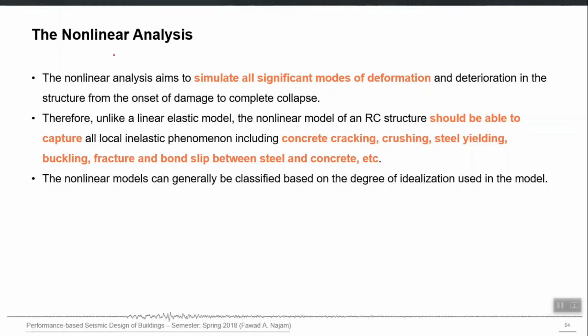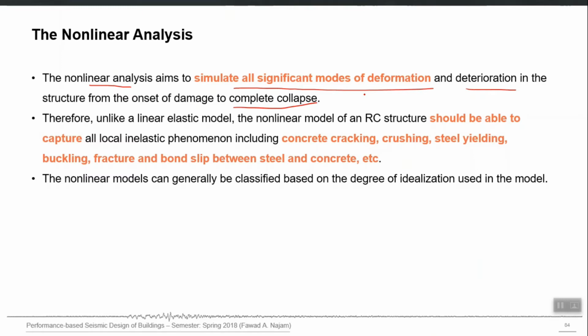So the aim of nonlinear analysis is to simulate all significant modes of deformation and deterioration in the structure from onset of damage to complete collapse. So a nonlinear analysis should be able to capture or predict the damage or any significant mode of failure or deterioration.